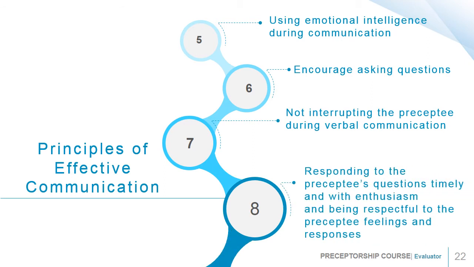Using emotional intelligence during communication. Encourage asking questions. Not interrupting the preceptee during verbal communication. Responding to the preceptee's questions timely and with enthusiasm. Being respectful of the preceptee's feelings and responses.